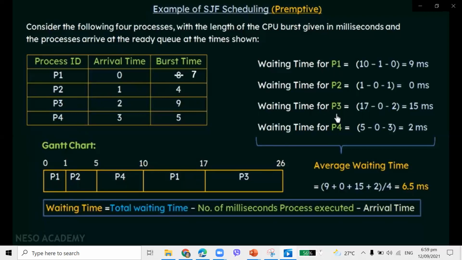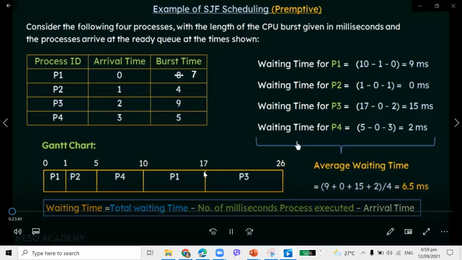Now similarly for P3, what is it? The waiting time for P3 in total was 17 milliseconds. And what is the number of milliseconds it executed before? There is nowhere when P3 executed before, so that is 0. And what is the arrival time of P3? It is 2 milliseconds. So 17 minus 0 minus 2 is 15 milliseconds.